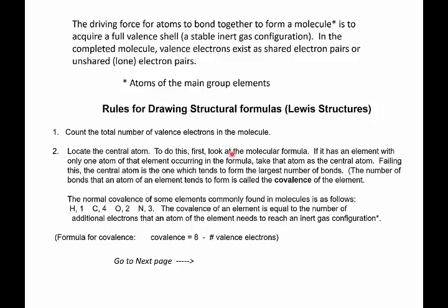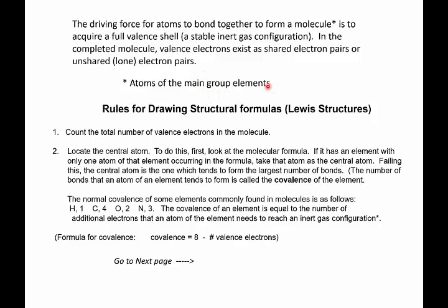Every atom's goal is to acquire a full valence shell and achieve a stable inert gas configuration. Once the molecule is completed, valence electrons will be in one of two forms. They're either going to exist as shared electron pairs or as unshared lone electron pairs on an atom.